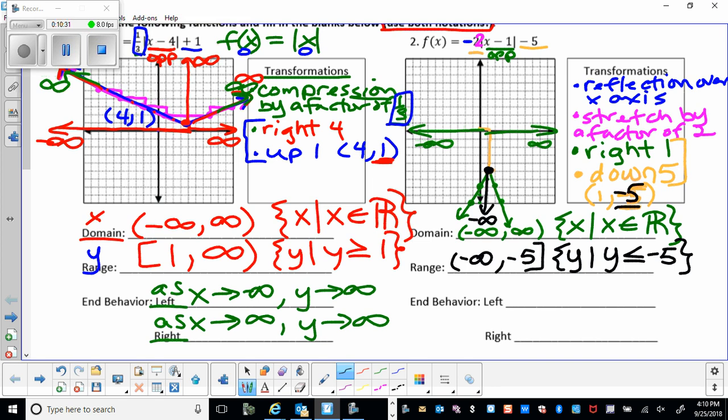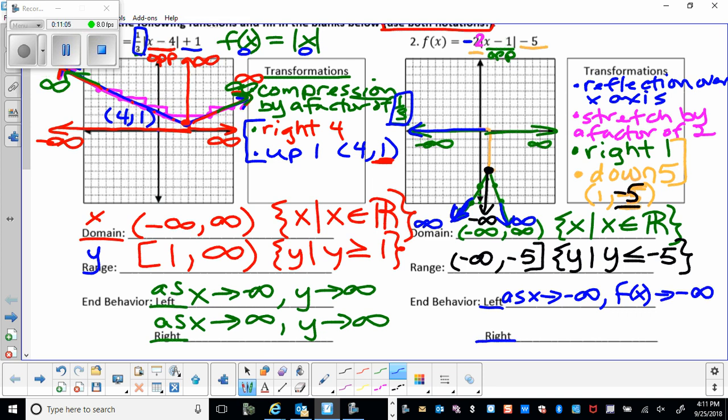Okay, and now if I'm looking at end behavior, these are the ends, and they are both going down, right? So to the left, remember, that is as x approaches negative infinity. You're going to the left, your y values are going down. So f of x, which means y, is approaching negative infinity.